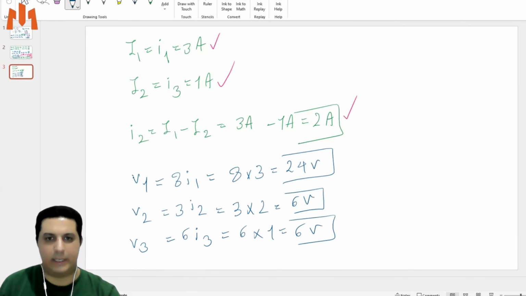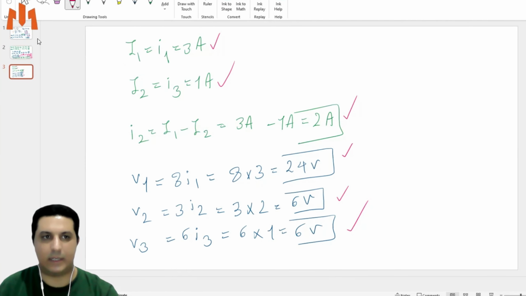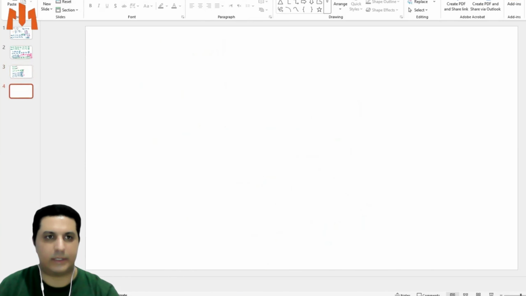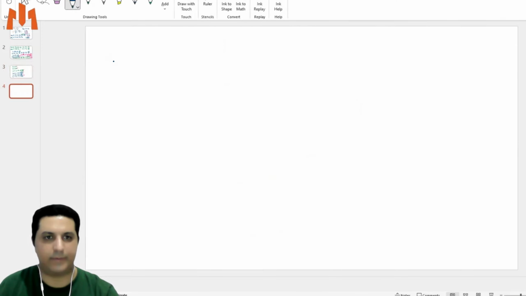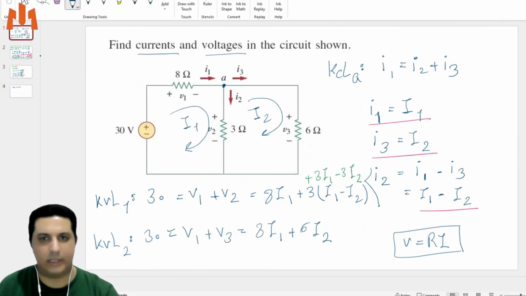Right now we found all of them together, but if we want to check that KVL and KCL are true, let's write this again one more time. The KCL at point A equals I1 plus I2 plus I3. Let's check.